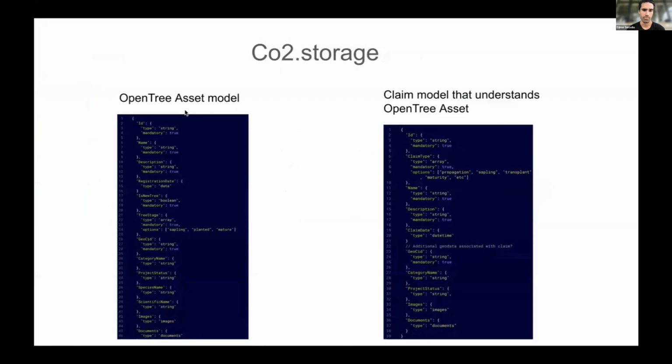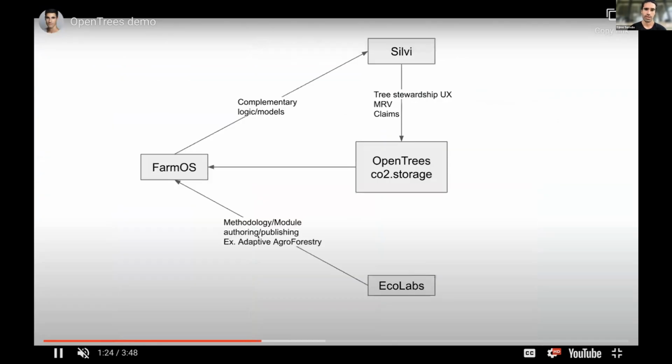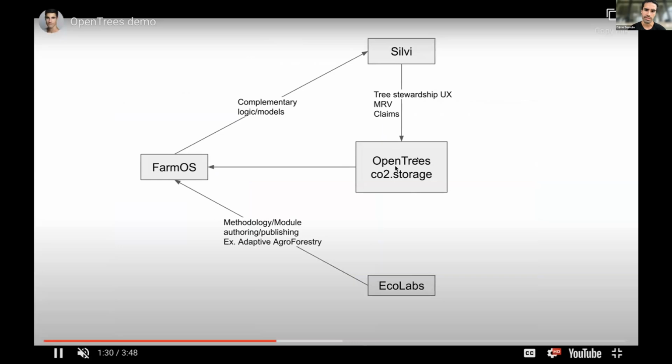So if you're not familiar with CO2.storage, it's basically a natural capital storage solution for things like carbon credits, et cetera. And we were working on Open Trees as a specific focus, where Sylvie can produce a lot of the MRV, but then other protocols like FarmOS can interop with that data in a similar way to how the previous example with maps was discussed.